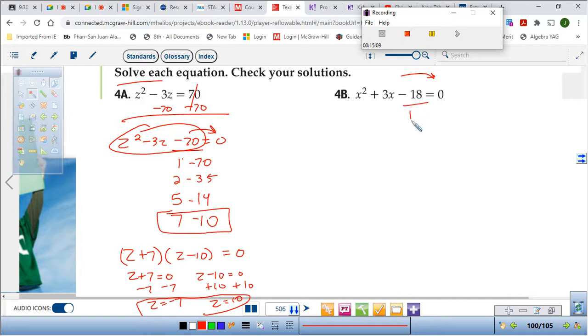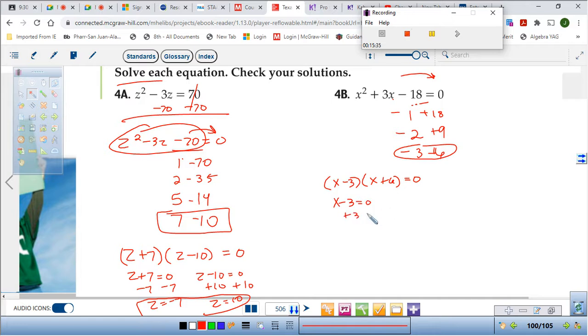So the factors of 18, 1 and 18, 2 and 9, 3 and 6, these are all positive. These are negative because it's a negative here. I already see my answer right here, right? So we're going to go with x minus 3 and x plus 6 equals 0. So x minus 3 is equal to 0.